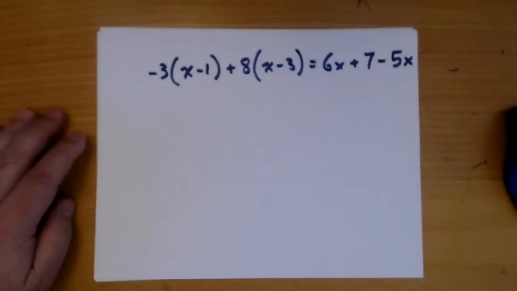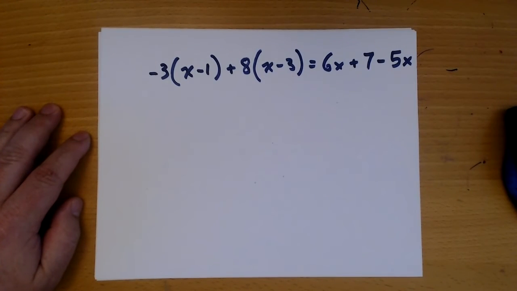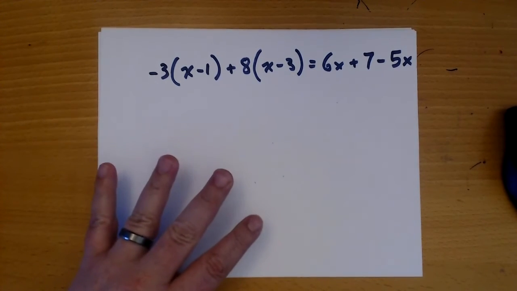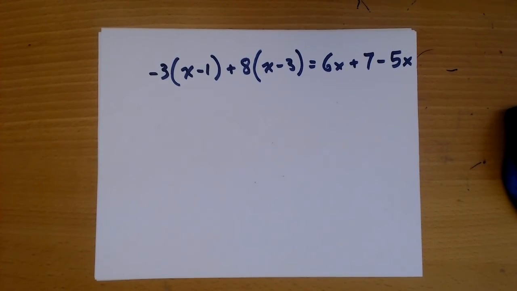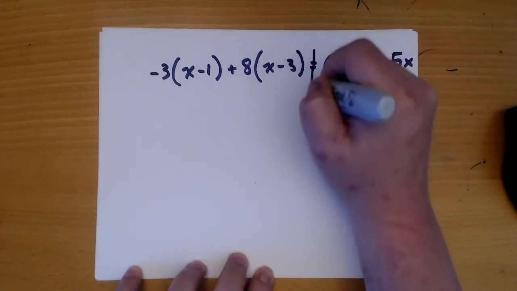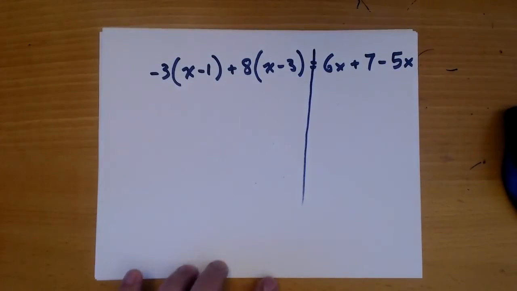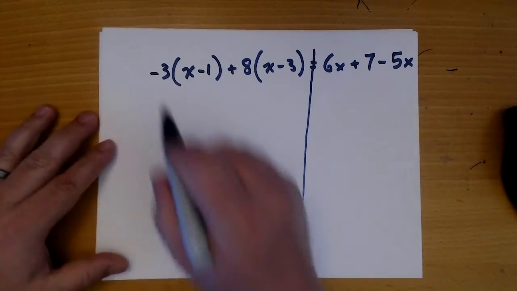Now this one looks scary. It has a lot of pieces to it, but it's still the same 4 steps. There's nothing more that takes any longer than 4 steps. So let's distribute.